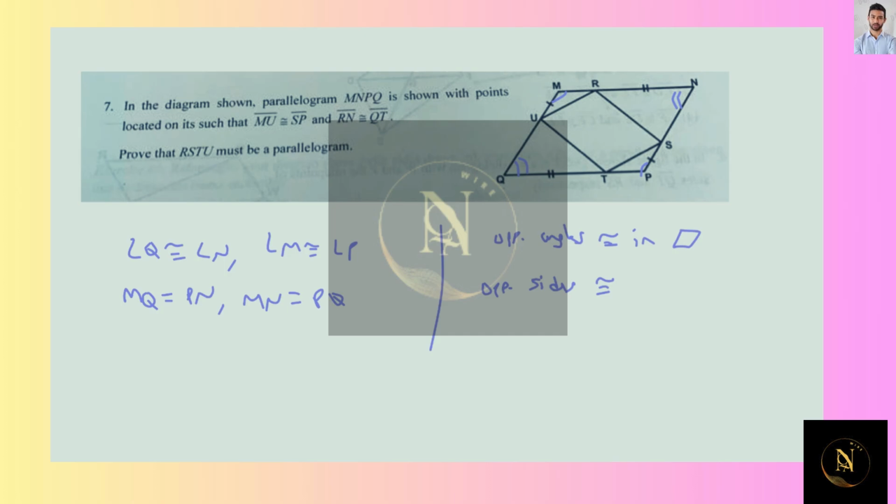And we would also know that by the segment addition postulate, for instance, QU plus UM has got to be equal to QM, and NS plus SP is equal to NP.